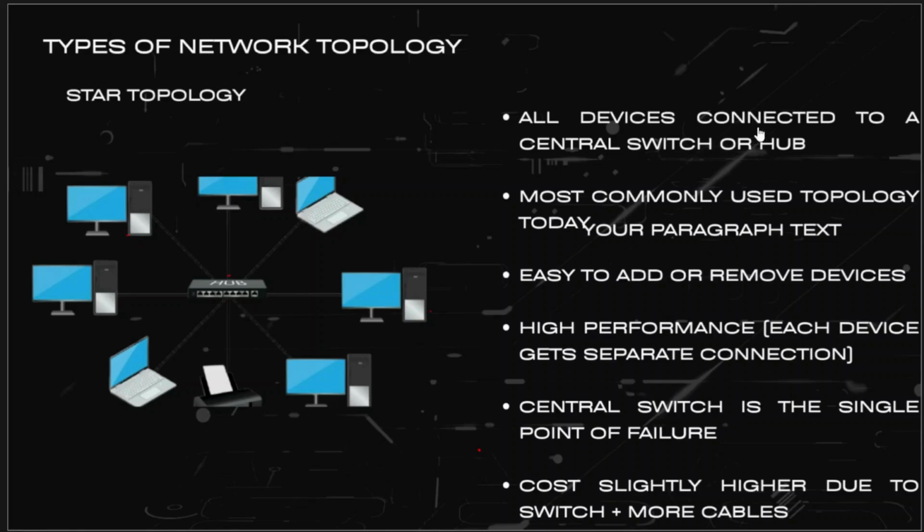So all devices connect through a central switch or hub. It is the most commonly used topology today. It is easy to add or remove devices, and high performance, as each device gets a separate connection. The central switch is the single point of failure. Cost is slightly higher due to switches and more cables.